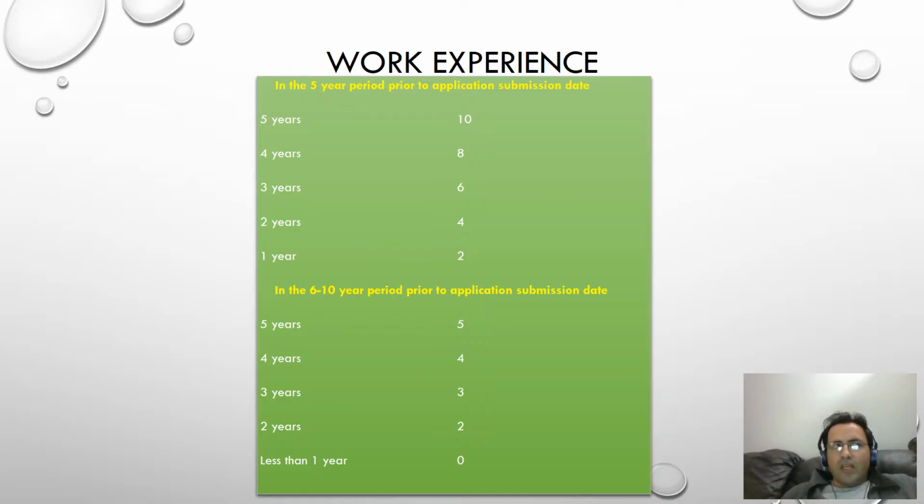It should state your classification, your years, your time period, your responsibilities, your supervisor contacts, and another important thing, it should also include your daily working hours. That's really important.